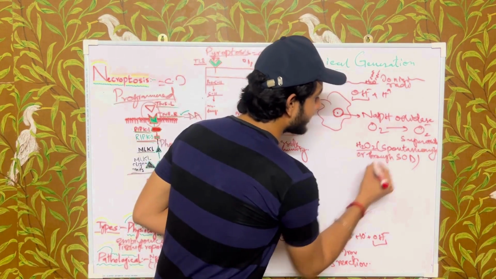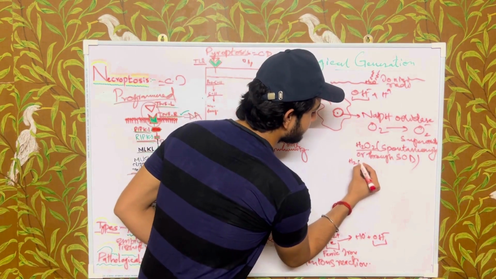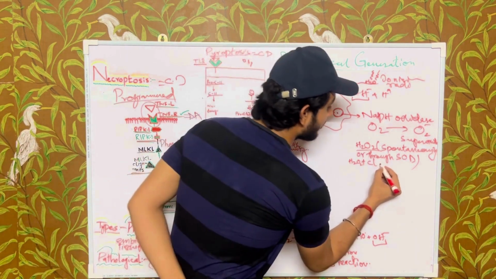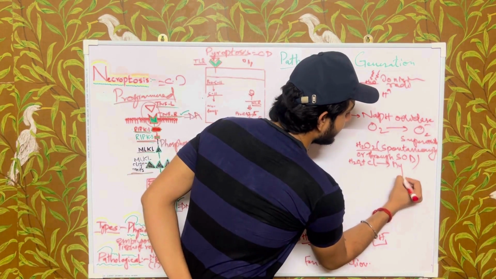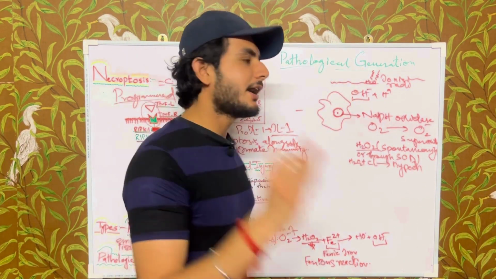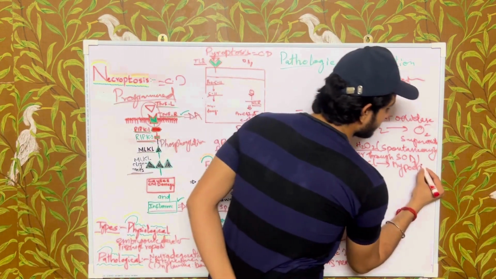Now this hydrogen peroxide combines with the chloride ion and causes the formation of hypochlorite. Hypochlorite is a highly unstable and highly reactive compound.